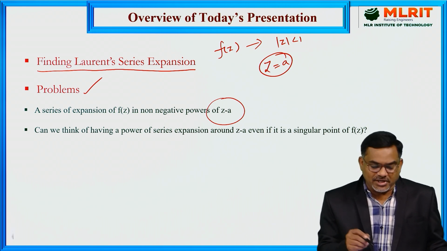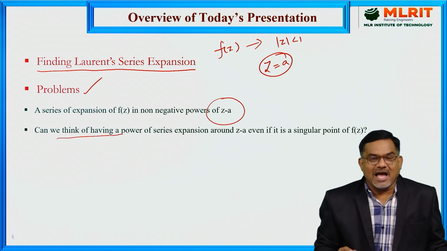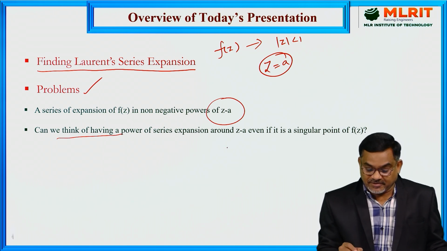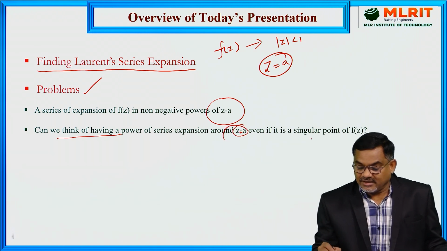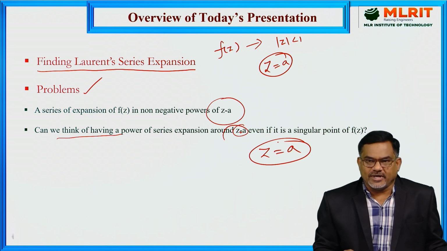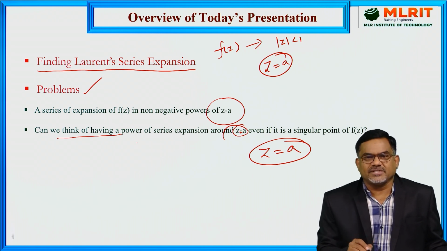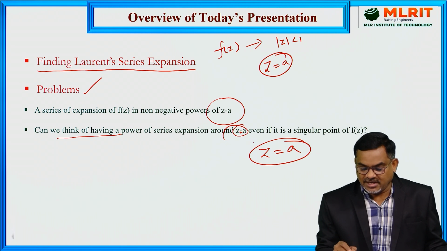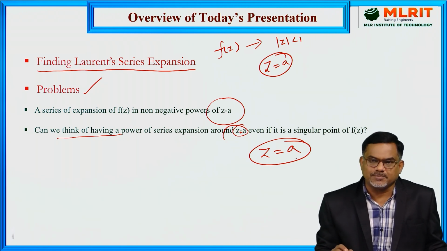And here the question is, can we think of having a power series expansion around z minus a, even if z equal to a is a singular point of the function f of z? Yes, it is possible using Laurent series expansion.